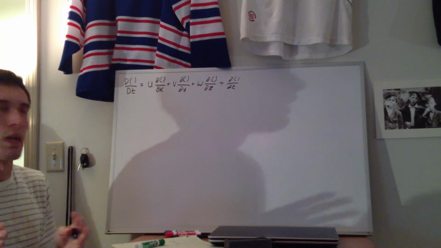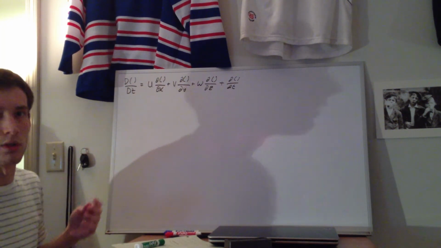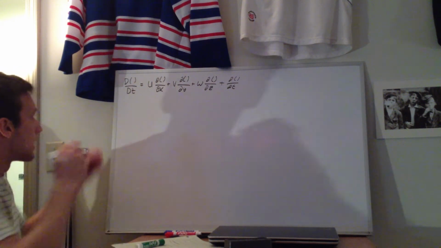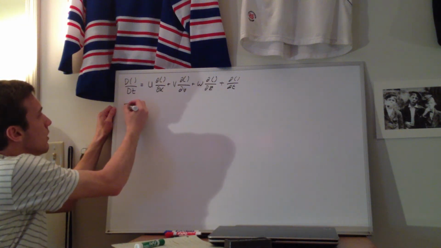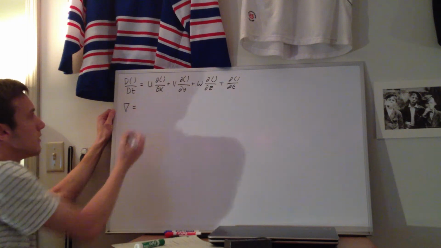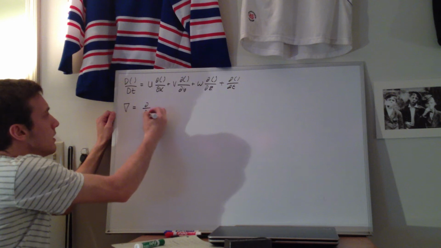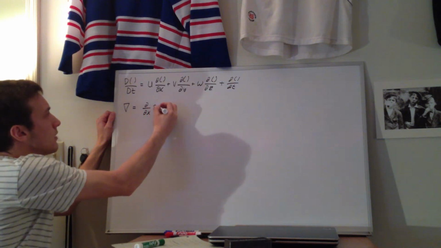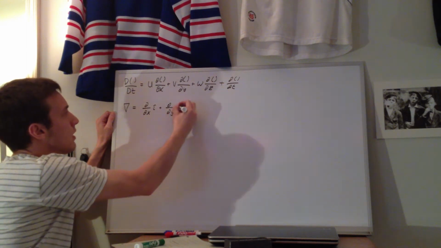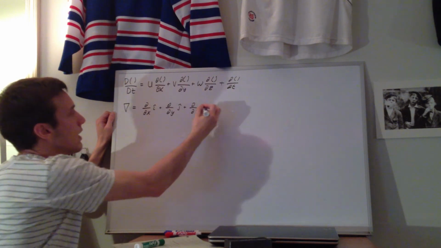But we want to make it a more general case because right now this is only for Cartesian coordinates because we have the x, y, z, so we want to make it useful for cylindrical or spherical coordinates as well. So what we can do is take a look at this term. This is called the del operator in vector calculus. And that's actually equivalent to the d dx in the i direction plus d dy in the j direction plus d dz in the k direction.